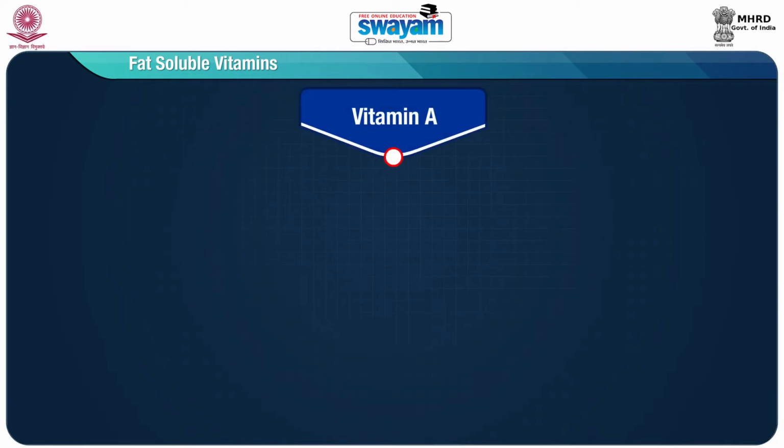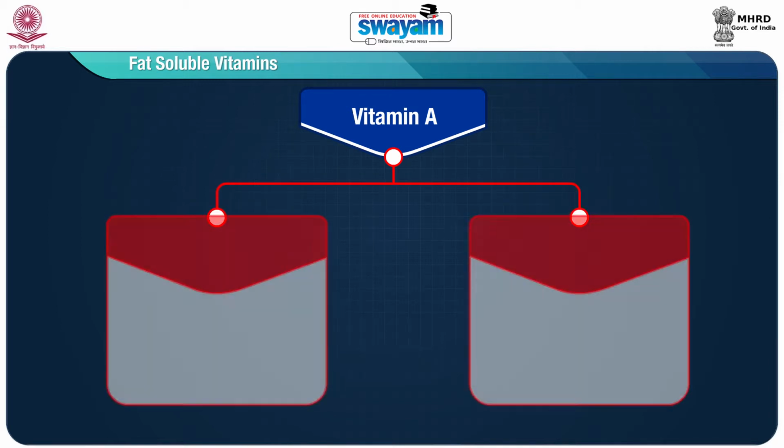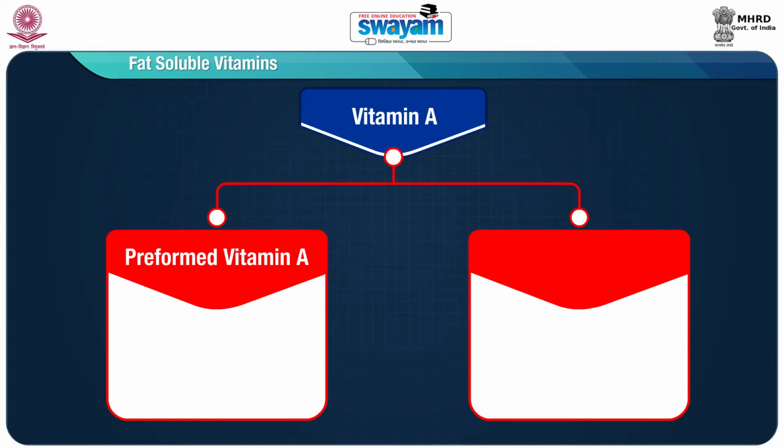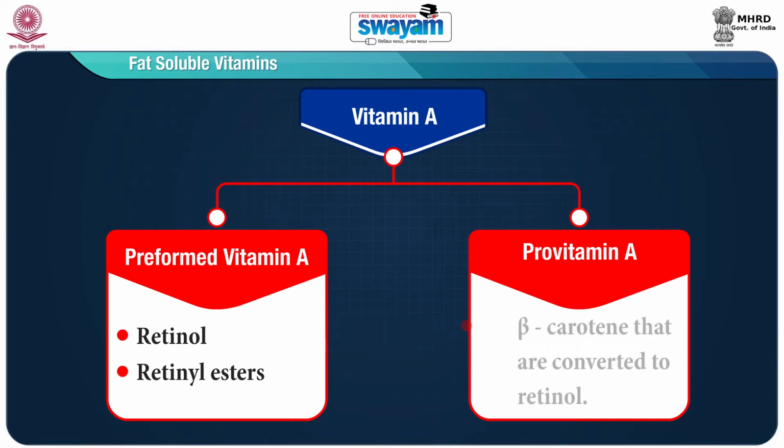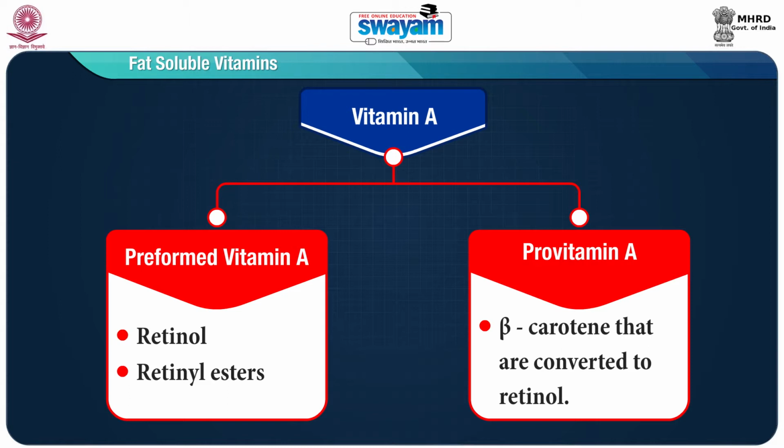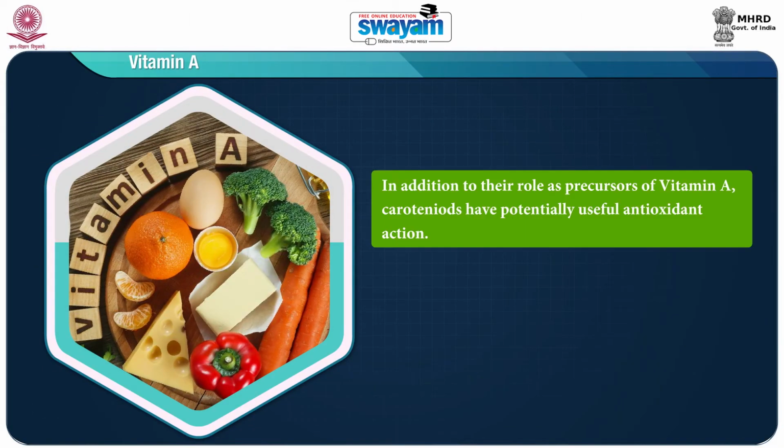Coming to vitamin A, the two main forms of vitamin A in the human diet are preformed vitamin A, that is retinol, retinyl esters, and provitamin A carotenoids such as beta carotene that are converted to retinol. In addition to their role as precursors of vitamin A, carotenoids have potentially useful antioxidant action.